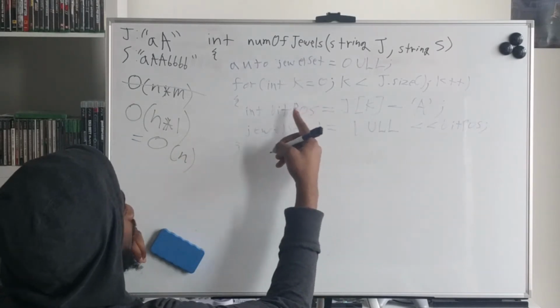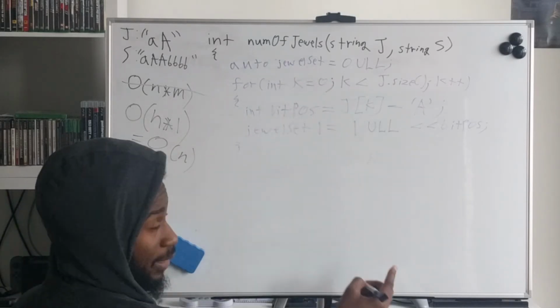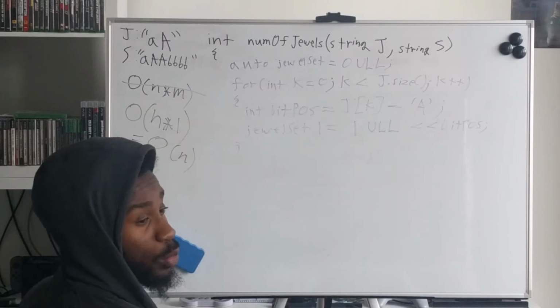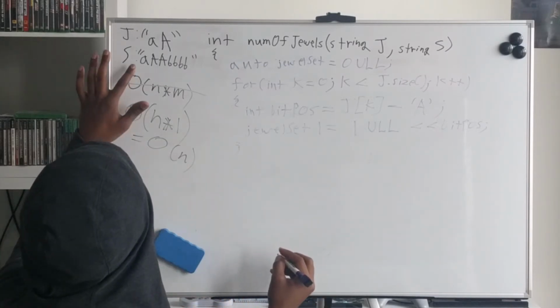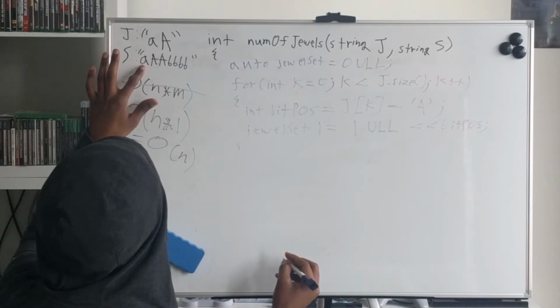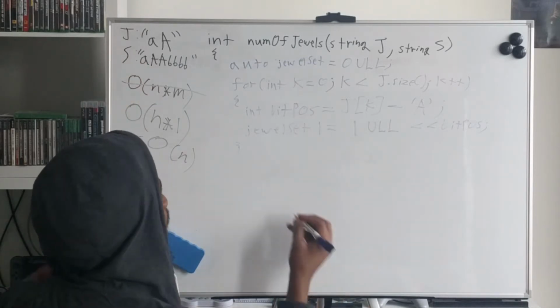So now that we've set every position in the joule bit set that we wanted to set, we can have another loop that will go through every position here and check if the bit corresponding to that letter in the bit set is set.